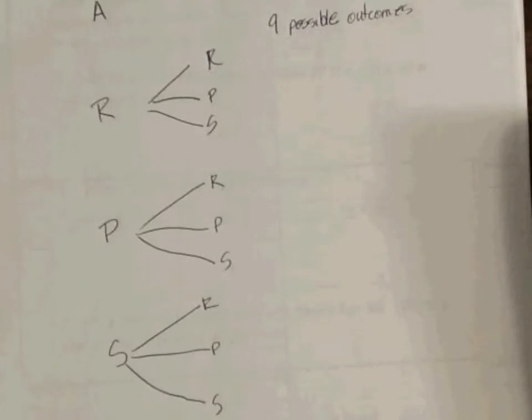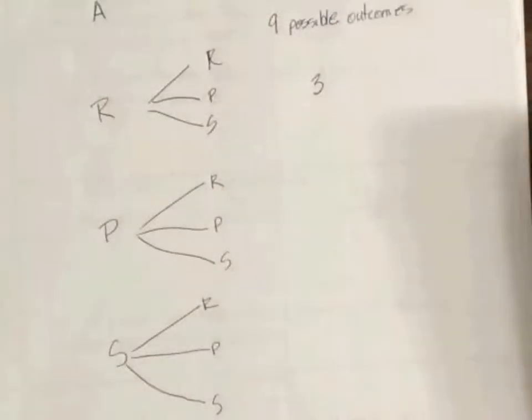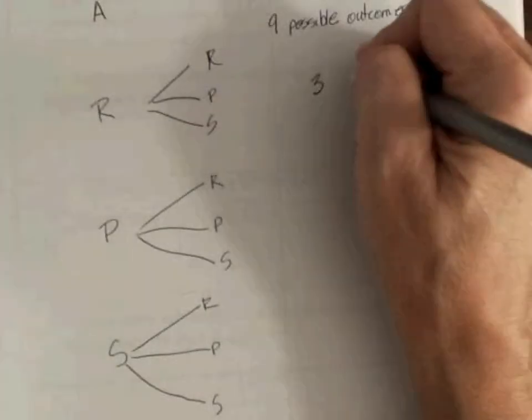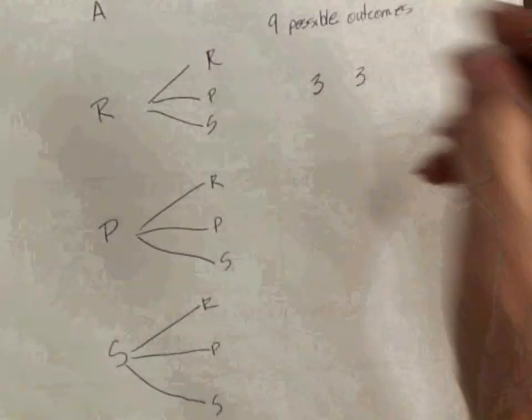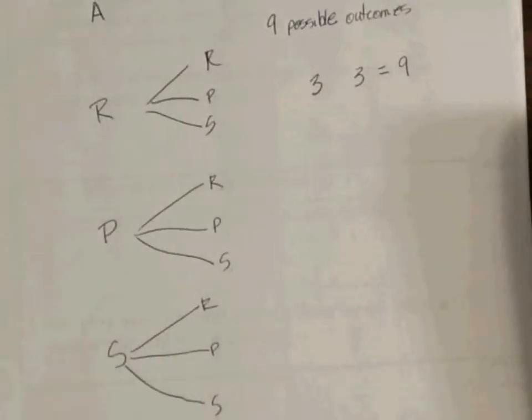Another way to figure out how many possible outcomes you have, without doing a tree, is to look at how many outcomes A has, which is 3, and how many outcomes B has, which is 3. We already know our total outcomes for this scenario is 9. So what do you do to 3 and 3 to get 9?